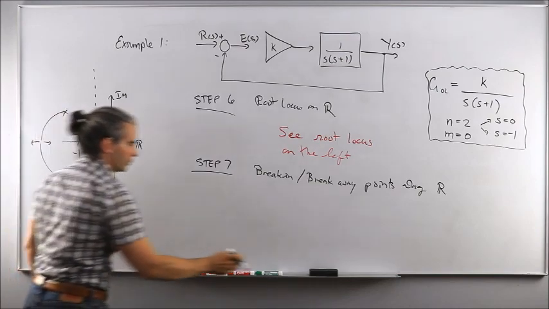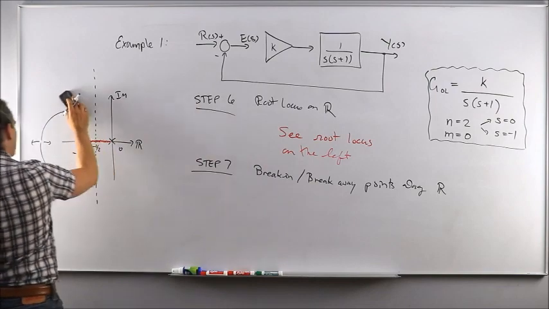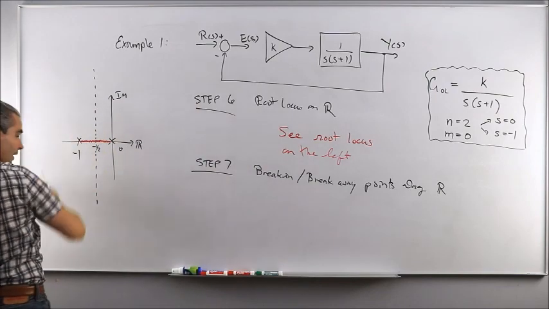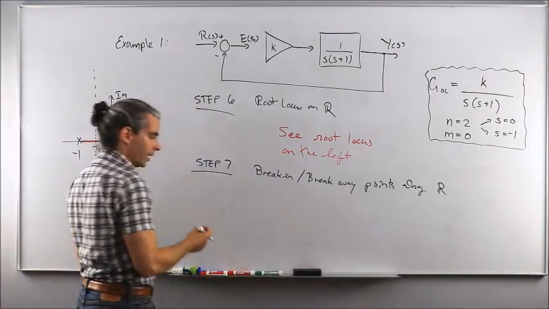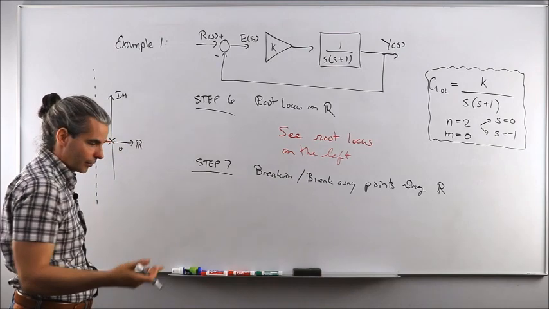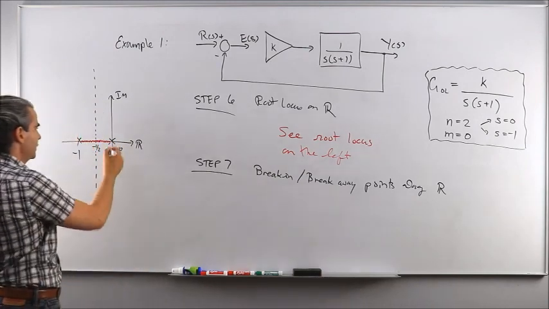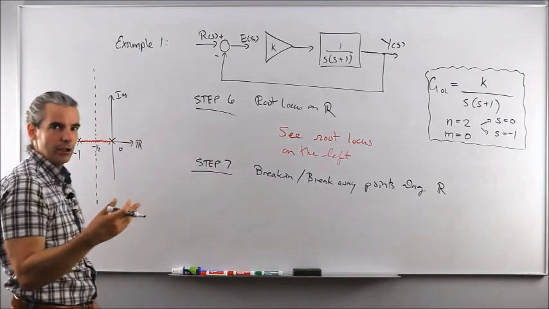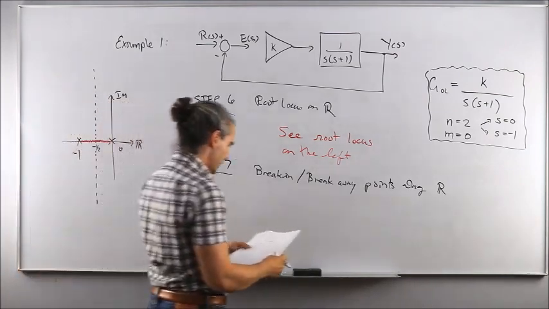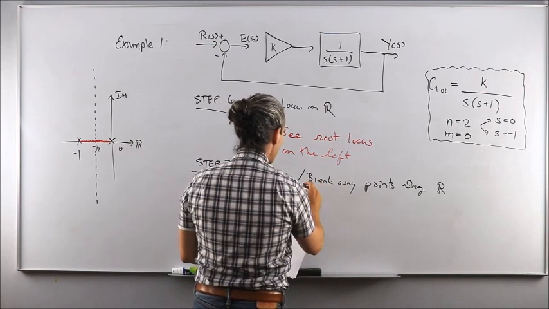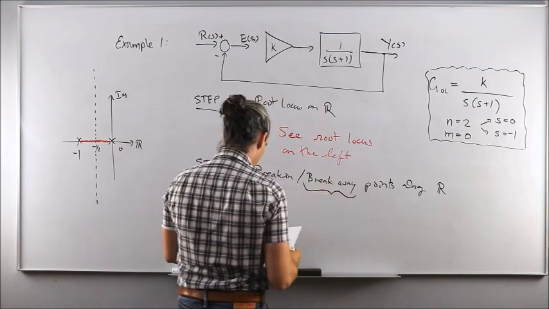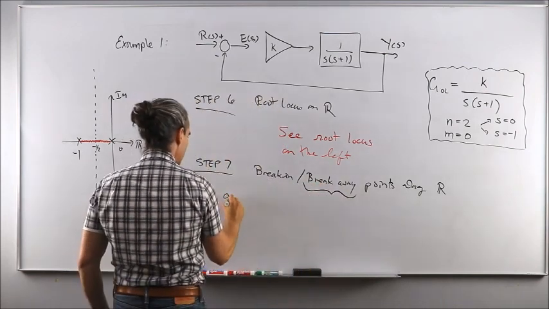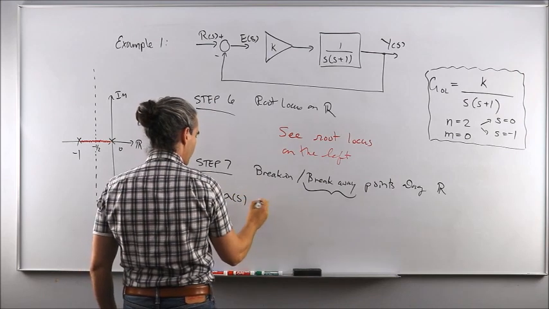Whenever you start with a pole already on the real axis, obviously it's going to want to break away because it was originally along the real axis. So in that case, we're talking about breakaway points. But regardless, the equation is applicable to break away or break in.